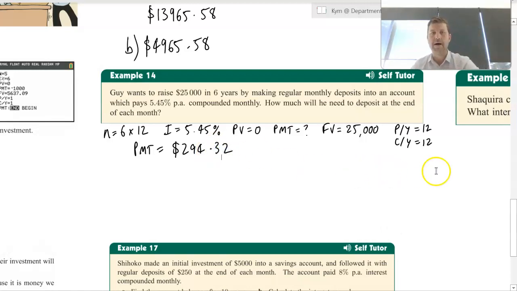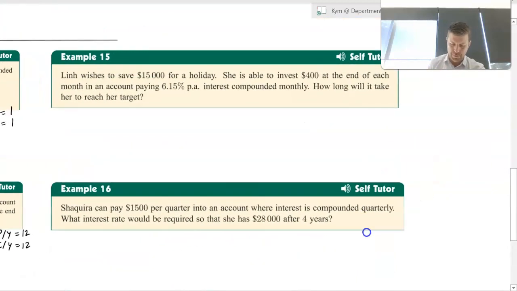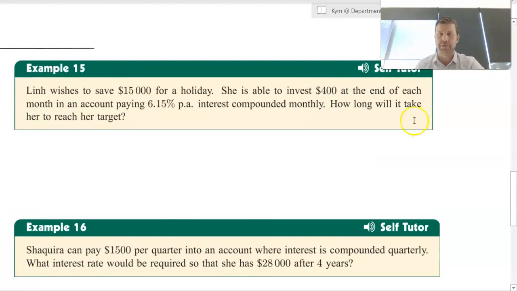Okay, similar process if you're working out, in this example, how long it will take. But there is a little bit of a trick with this one at the end because remember, N will be the number of compounding periods, not necessarily the number of years. So let's go ahead and work out this one.